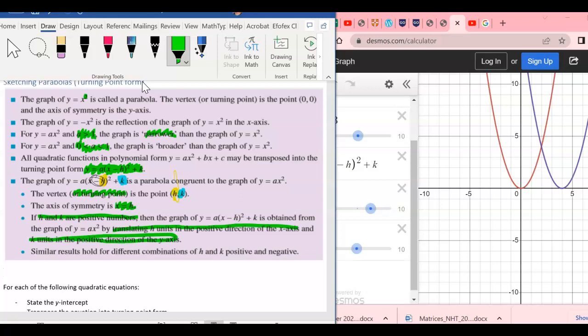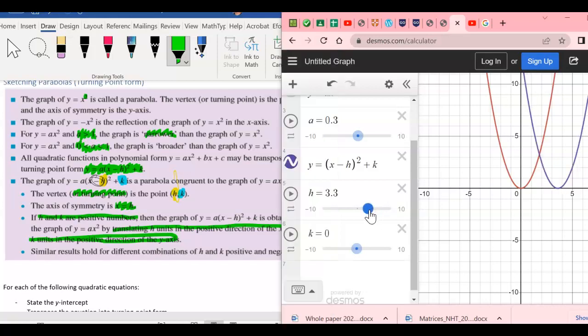All right, so we've written these notes before in our first lesson on quadratics, but basically h shifts it left or right, the positive direction of the x axis or negative direction, and your value of k goes up or down. All right, and that's what that last dot point says.